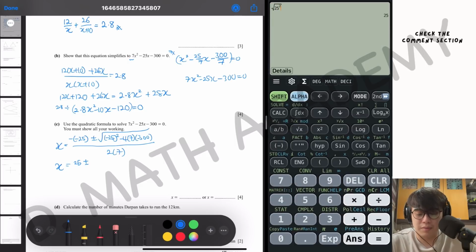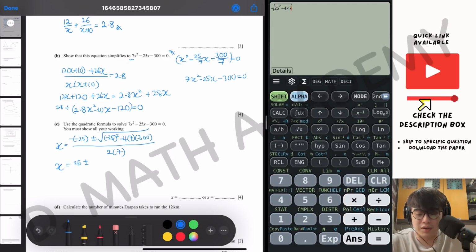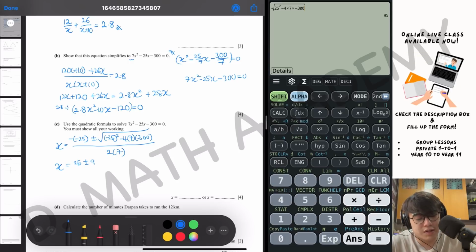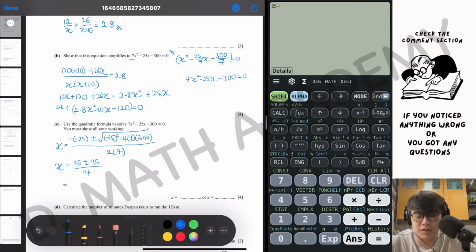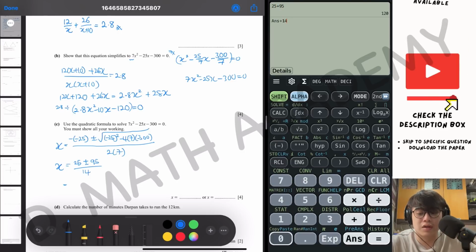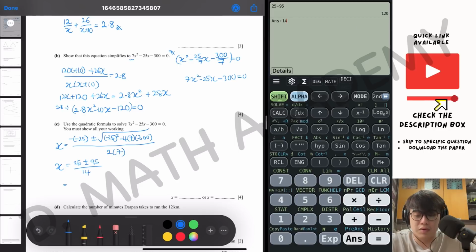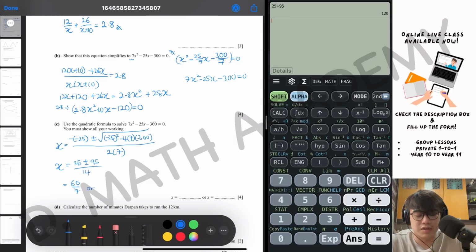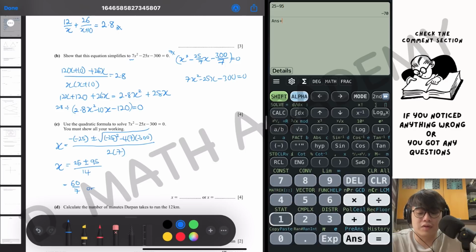25 squared minus 4 times 7 times negative 300. So you get 95 for this, and then divide it by 14. So 25 plus 95 divided by 14, you will get 60 over 7, or when it is 25 minus 95 divided by 14, you will get negative 5.